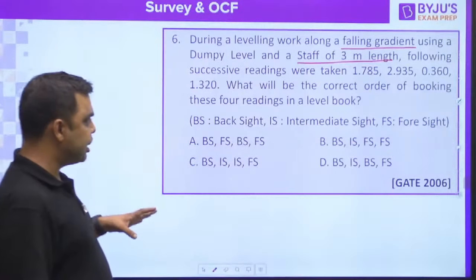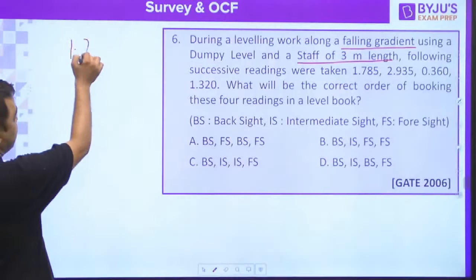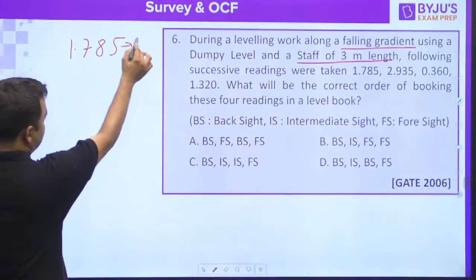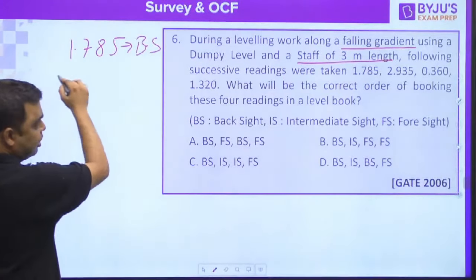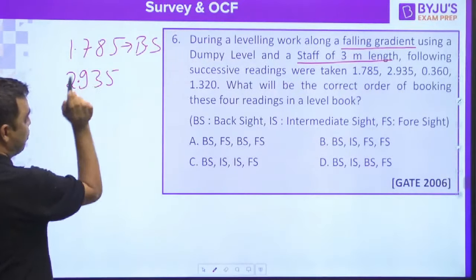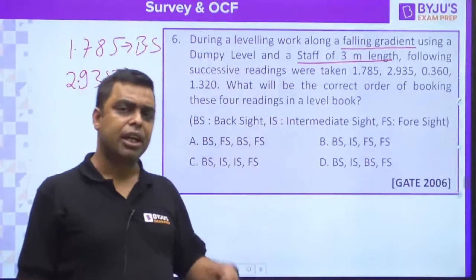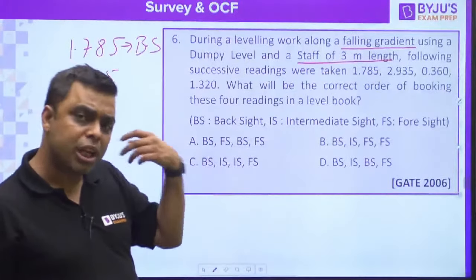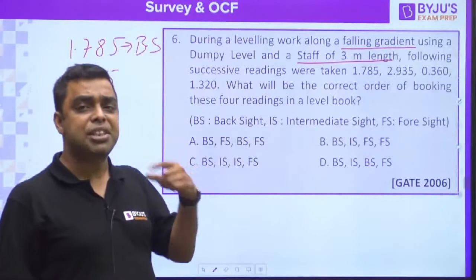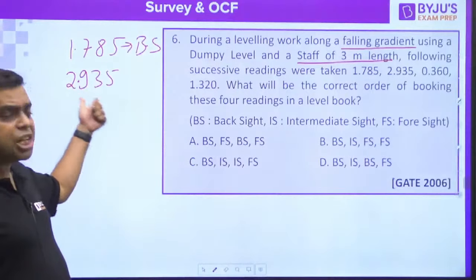So the first reading 1.785 will definitely be backsight. Thereafter the reading is 2.935. If I take one more reading after it, it will be more than 2.935, but my staff is 3 meter only. So this will be a change point.